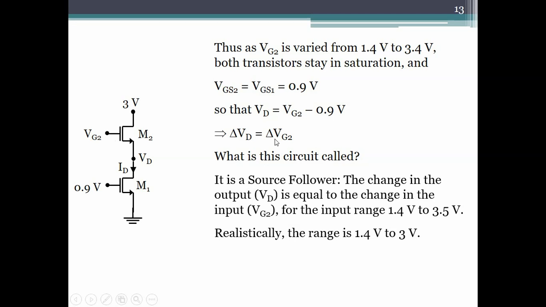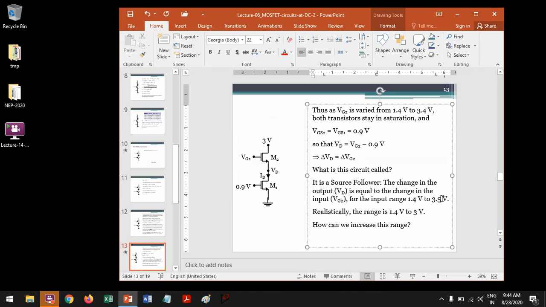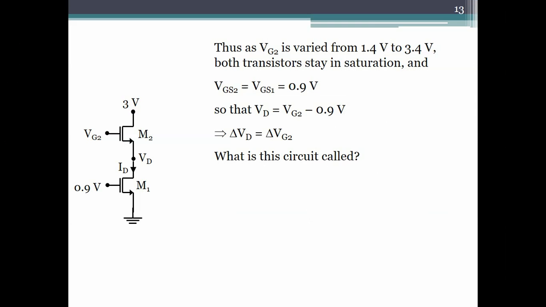So this circuit in fact is a source follower circuit with the input at the gate of M2. And it works as a source follower in this range, 1.4 volts to 3.4 volts. That is the range.